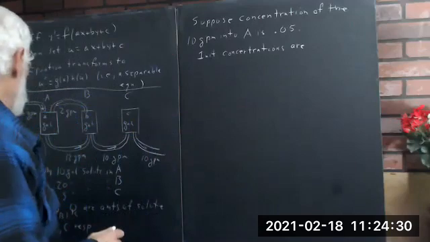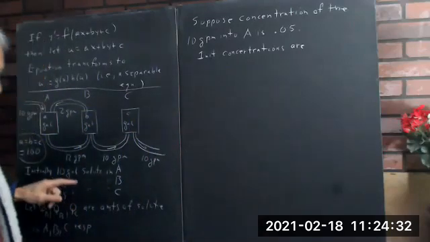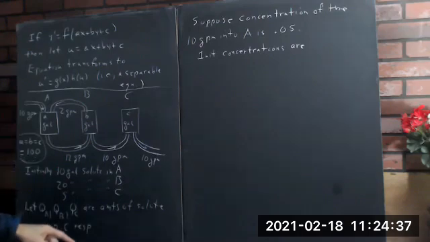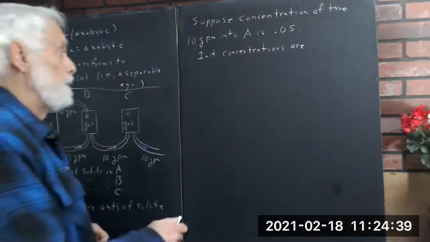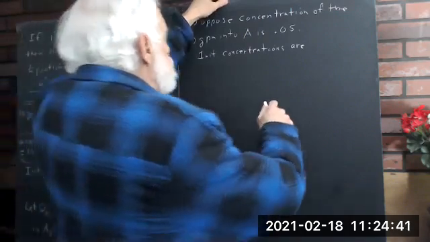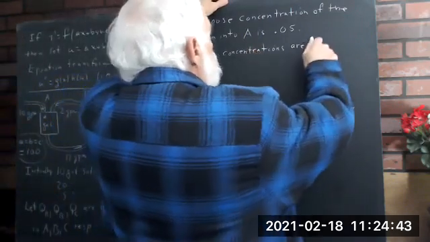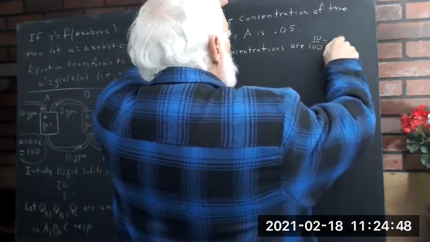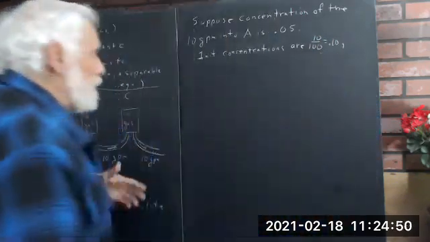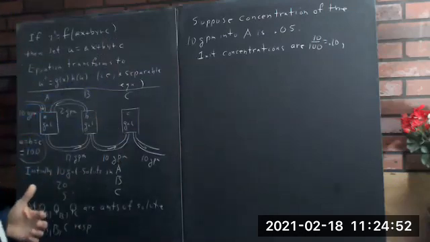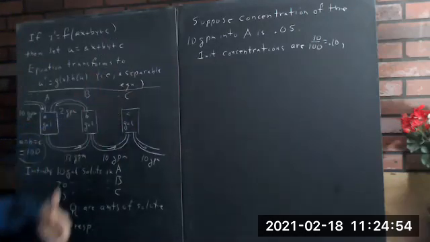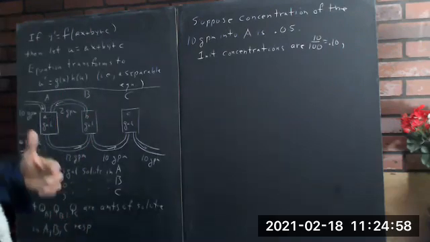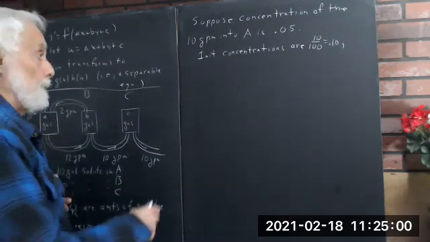So our initial concentrations are what? 10 gallons out of 100 in tank A. So that would be a concentration of 10 over 100. 10 gallons of solute per 100 gallons of solution.